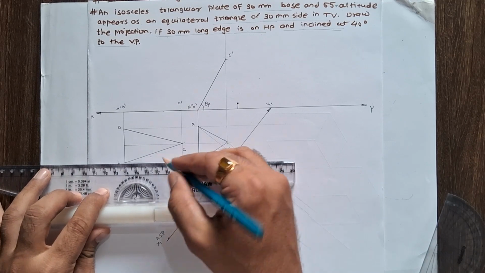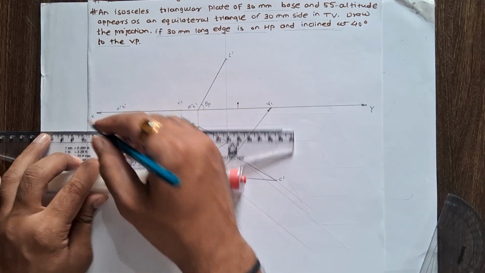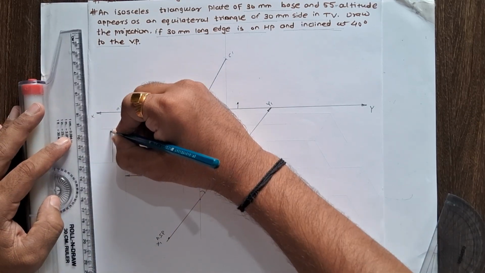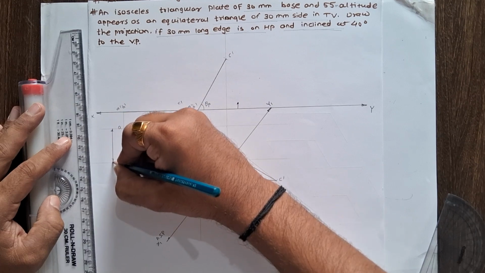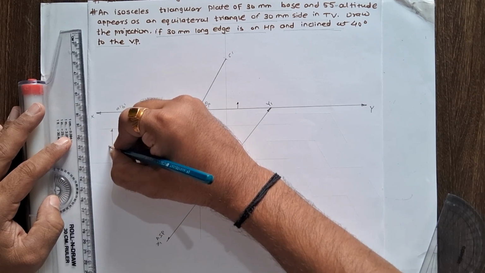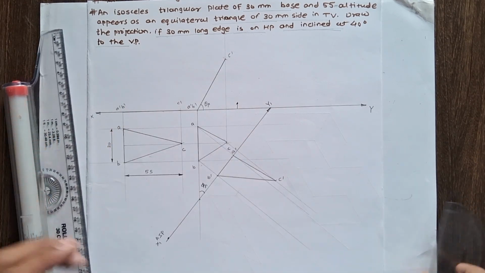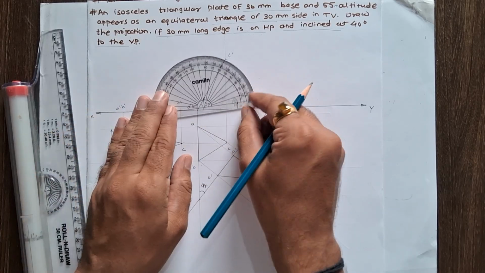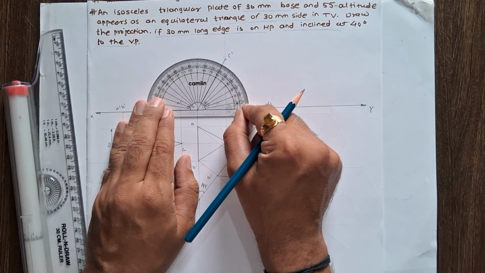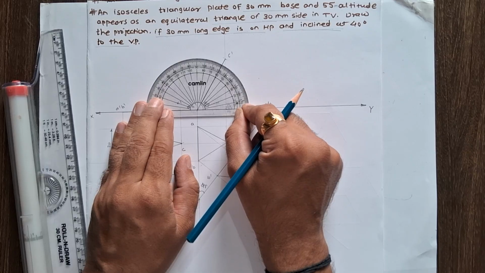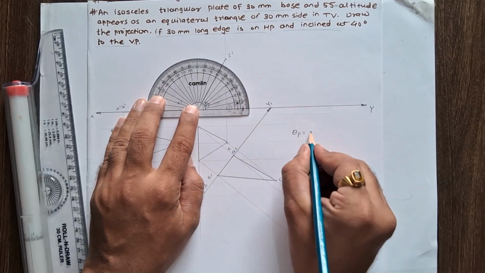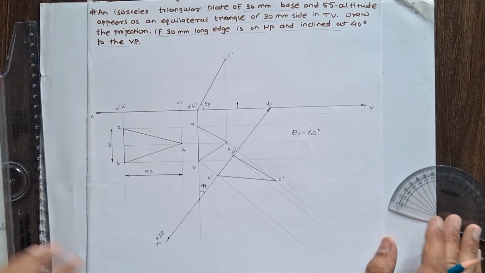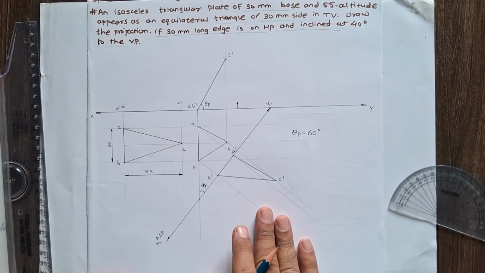Base distance is 30 mm and measure this theta plane angle. Theta plane angle is 60 degree. This is the complete solution for this problem.